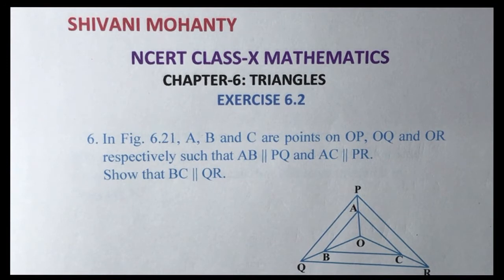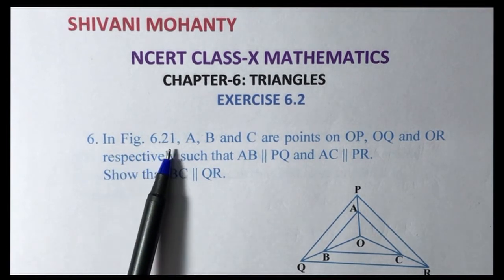So now let me do question number 6 and 7 of this exercise 6.2. We had done till question number 5, so today we will be doing 6 and 7. Let me read the question now.